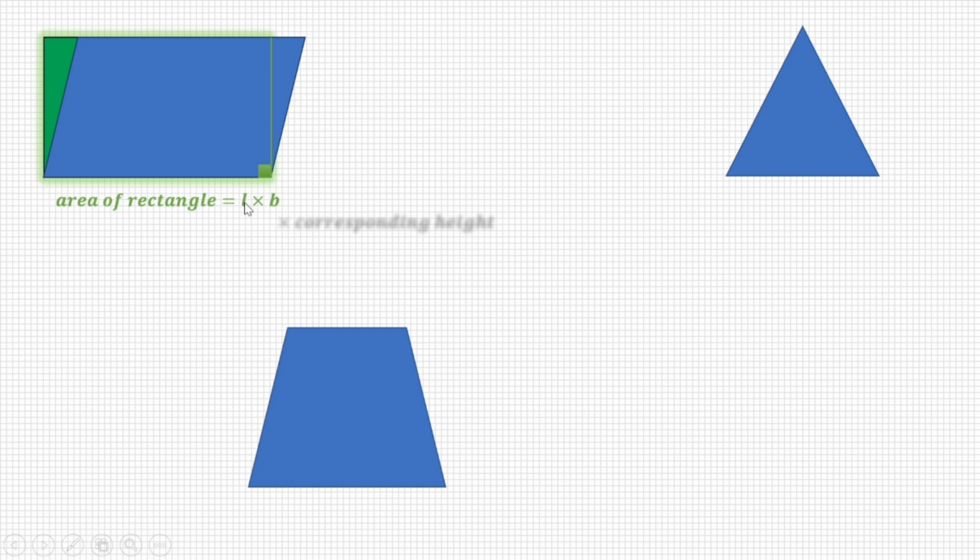So this is the base of the parallelogram. What is this of the parallelogram? Means L into B will give us the area of the parallelogram also. But what is this L for the parallelogram and what is this B for the parallelogram? So the area of the parallelogram is, this L is actually the base of the parallelogram and this B is actually the corresponding height to this base.